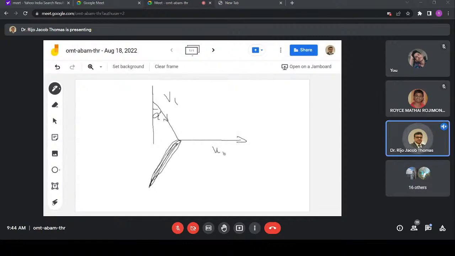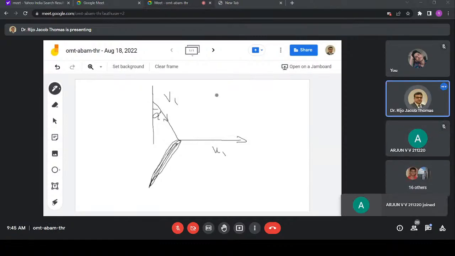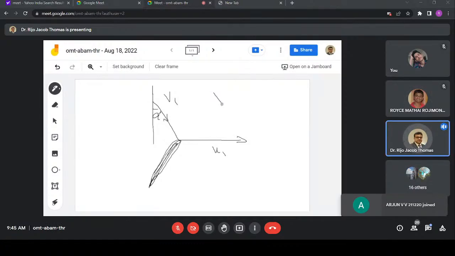Now I wanted to find out what the resultant is. So I'll not draw it here. I'll draw this u1 here, v1, not u1, v1. So this is my v1. I just shifted the u1 from here to here. So together, this is my relative velocity, the velocity of air with respect to the blade. So this is my vr1.